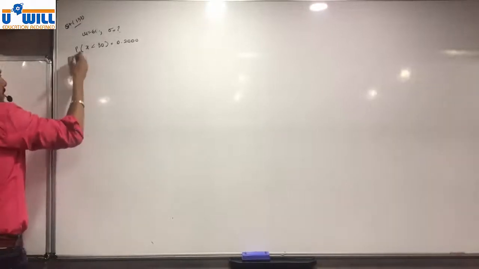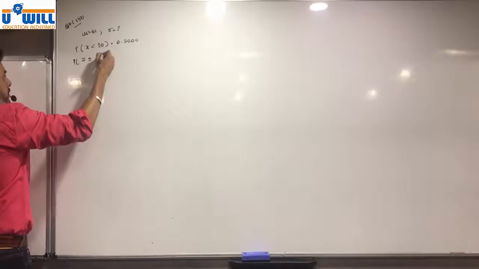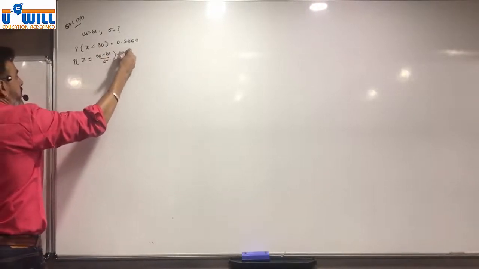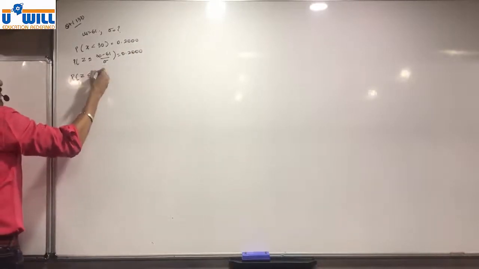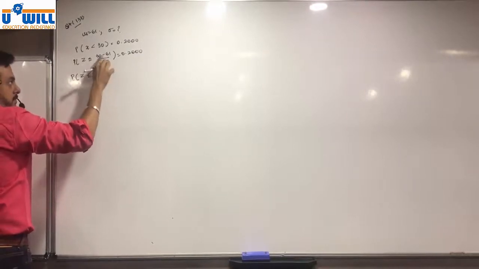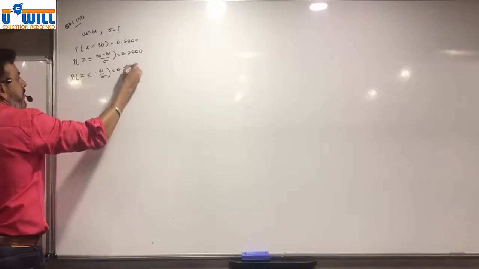All of you understood this? Okay. So we convert it to Z. 30 minus 61 upon sigma is equal to 0.2000. So probability of Z, what is this? Minus 31 by sigma, 0.2000.